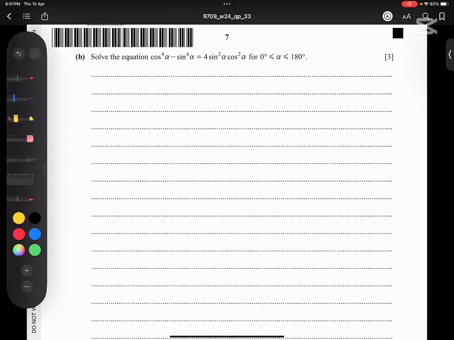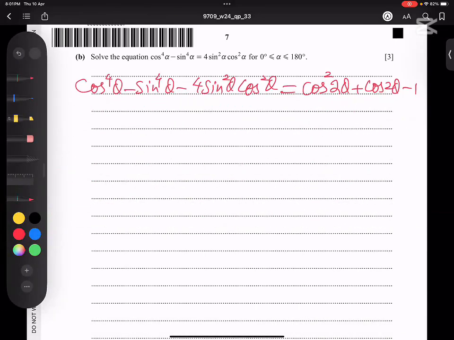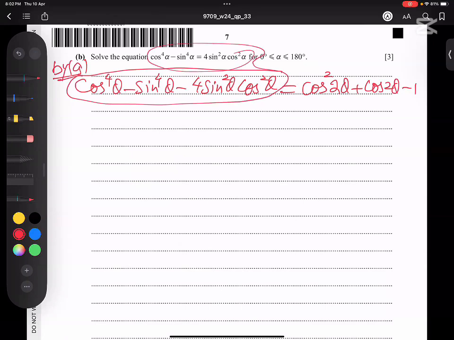So when I paste here, this is the equation by part A. But look, students, it says solve this equation. If you look carefully, this whole thing is the same thing. How come? I'm copying the upper part here.